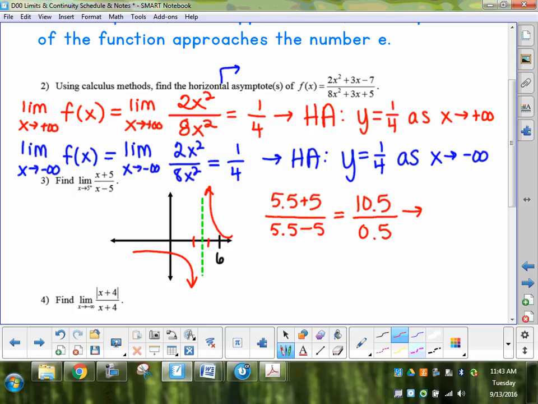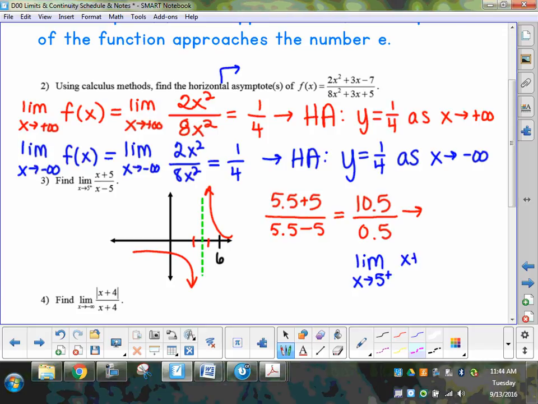Now, the answer to this is sort of twofold. Who can tell me one of the two possible answers I could give for 3? Positive infinity works. So I could say the limit as x approaches 5 from the positive side of x plus 5 over x minus 5 is equal to positive infinity.